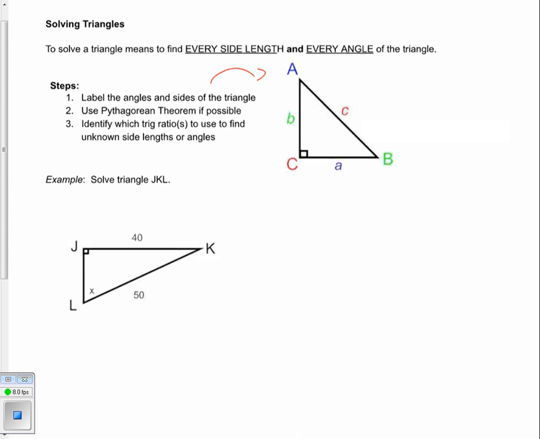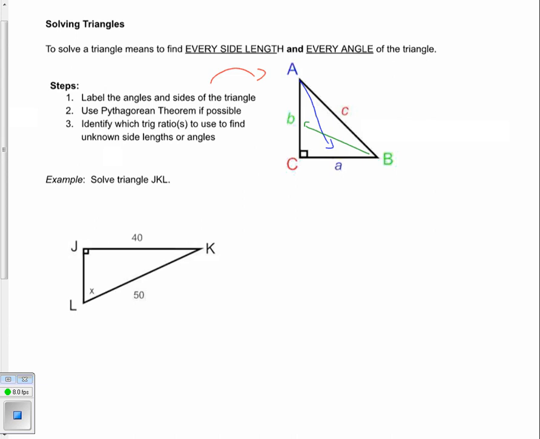You'll also notice that the side that is across from that angle is the same letter but in lowercase. So for example, for angle A, the side opposite angle A is small case a. The side opposite angle B is small case b.